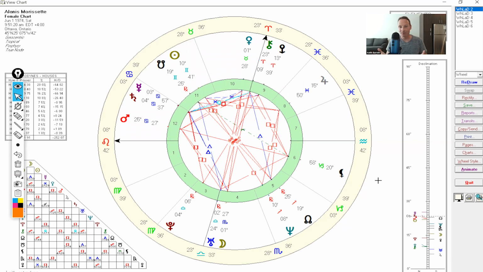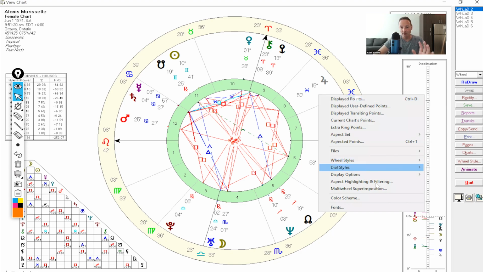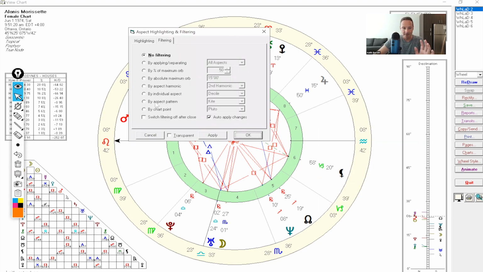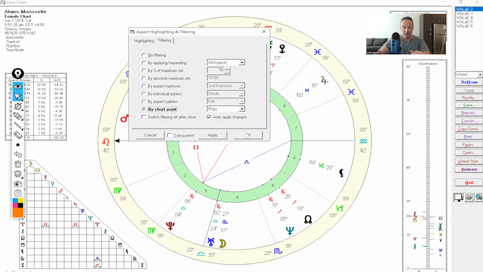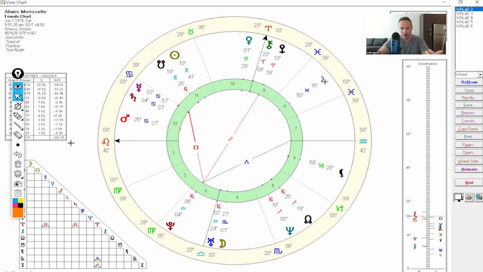So we have a lot more context we can add to all of these archetypes by just looking at what other planets they are aspecting. What type of aspects? Are they squares? Are they oppositions? Are they inconjuncts? Are they trines? Are they quintiles? Are they sextiles? Like what other type of energies, right? And so I'm not going to cover this here. I'll probably do another video to cover that, but let's just look at Pluto, right?